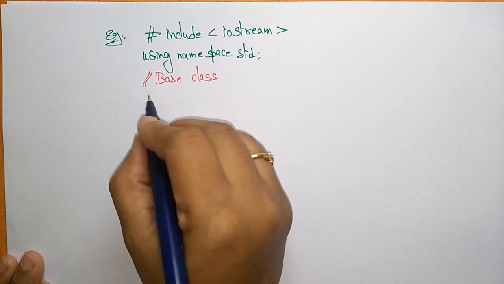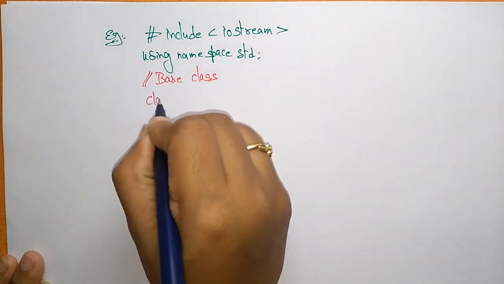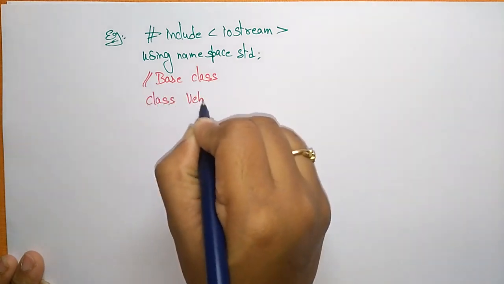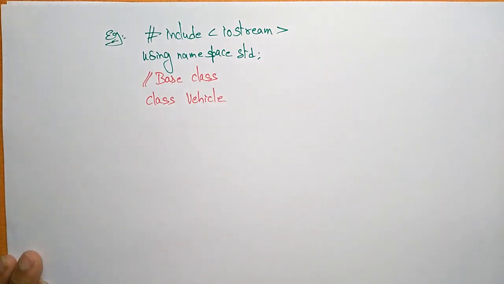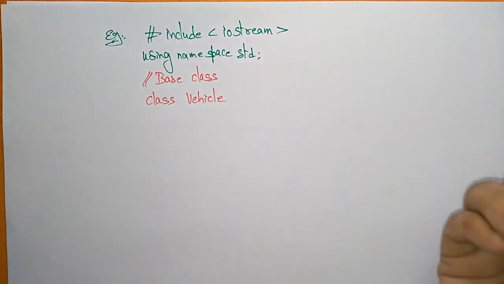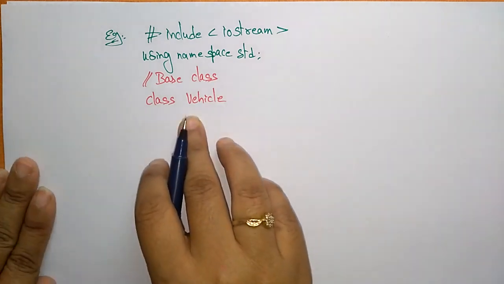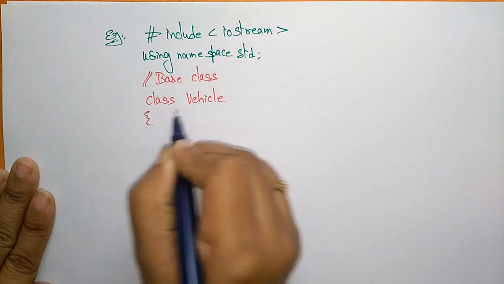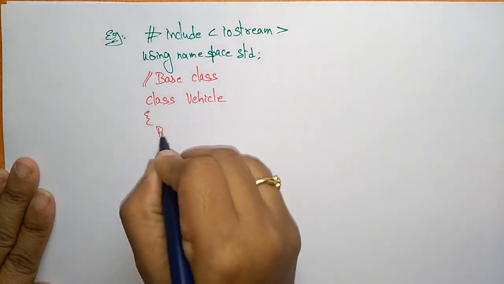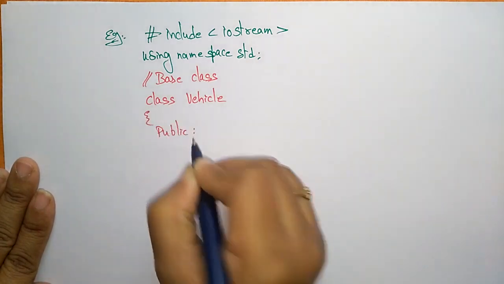What is the base class here? Class vehicle. I am taking the example which I explained in the inheritance: a group of vehicles, maybe a car, truck, bus. So here the class vehicle is the base class. Here I am declaring the items as public.